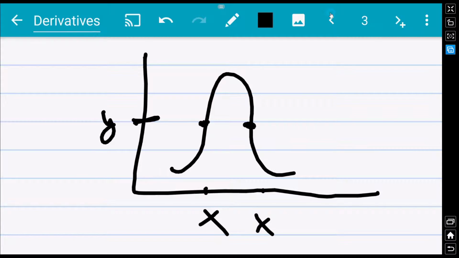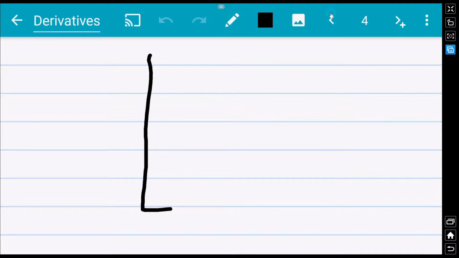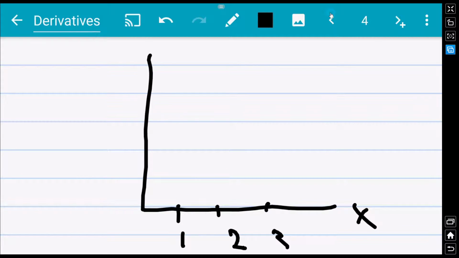Why? Well, because y equals, let's say, x squared, will have two values for x. So if I were to draw y equals x squared, then I'm going to just draw the right half of it. So this is the x. So 1, 2, 3. And this is 1, 2, 3, 4.